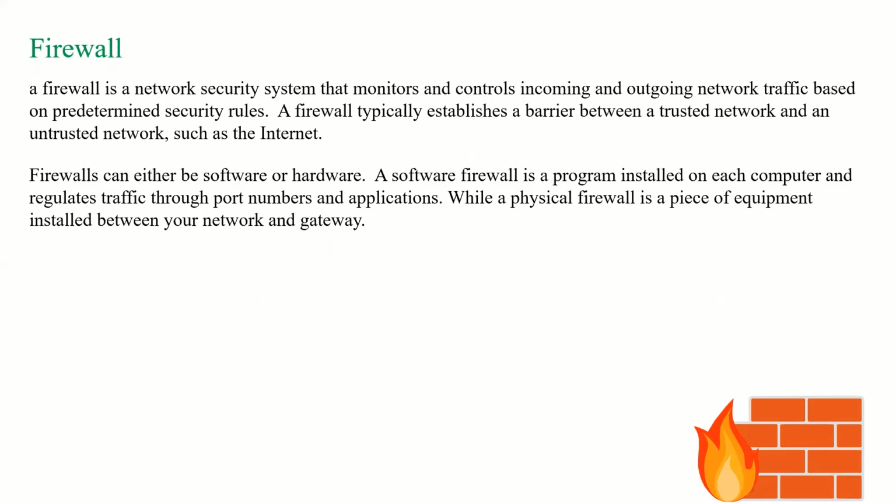That is the security rule that we have set, enable a particular port number or disable it. A firewall typically establishes a barrier between a trusted network and an untrusted network, such as the internet. The internet traffic cannot be trusted. All malware, spyware, hacking, all these things happen through the internet only, right? So that's what it is.